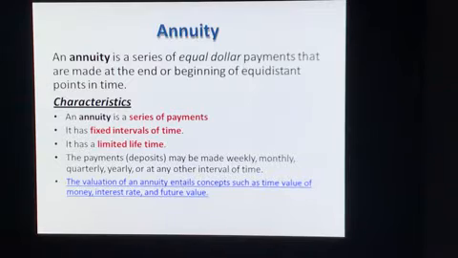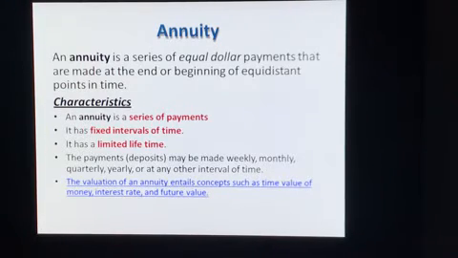It has fixed intervals of time and it has a limited time period, while in a perpetuity the time period is infinity. The rest of all characteristics of perpetuity and annuity are the same. The only difference is the limited time period. In an annuity, the time period is limited, while in the case of a perpetuity, the time period is infinity.